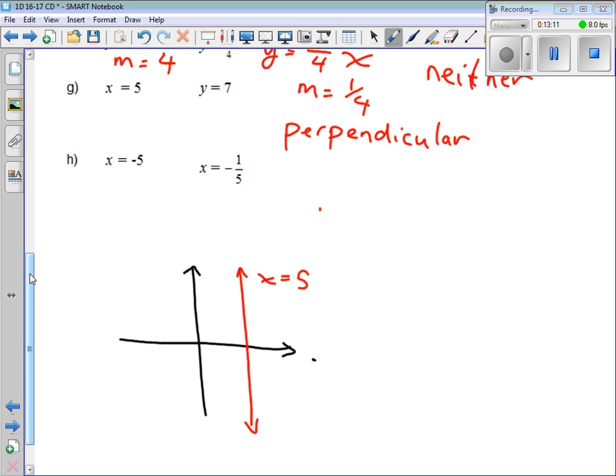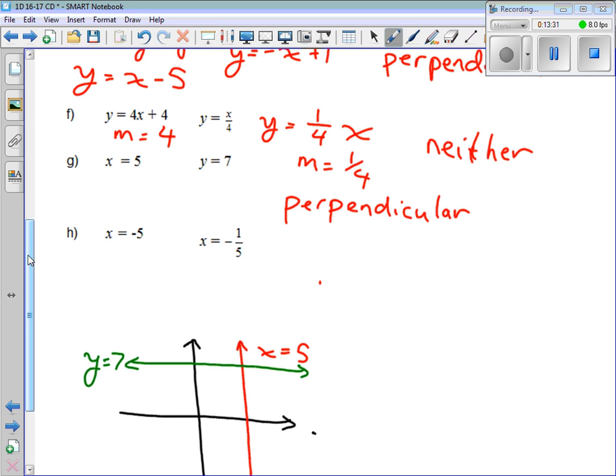Stephanie? It'd be a horizontal line, something like this. Are these two things perpendicular? Yeah, they intersect at 90 degrees. One of them's horizontal, one of them's vertical. Okay? So, let's say vertical, and this one is horizontal.